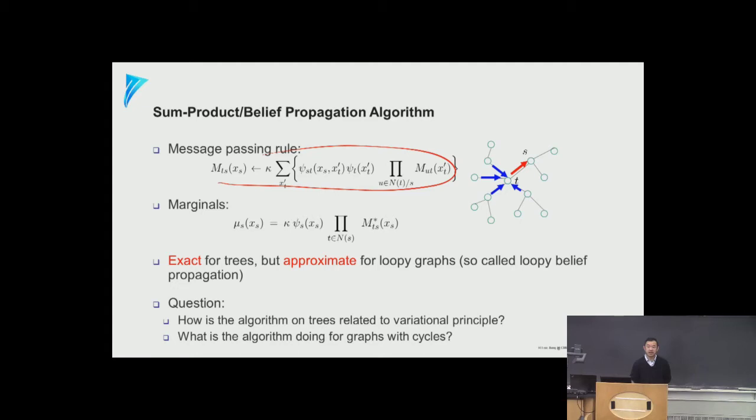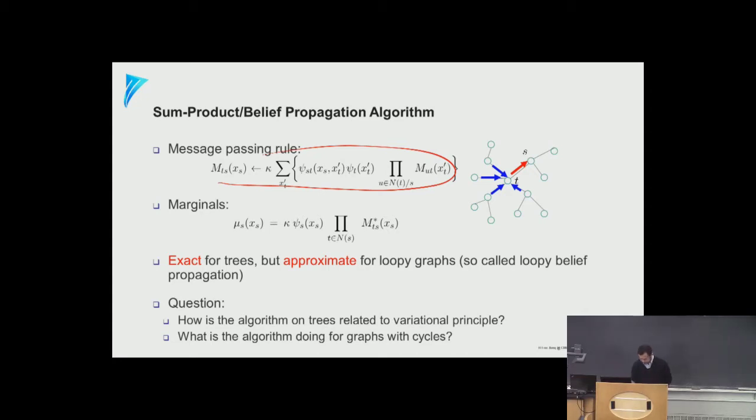The Bethe free energy is a hand-crafted and hard-coded definition, which is built on pairwise marginals, singleton marginals, and also the degree of every node in the graph.